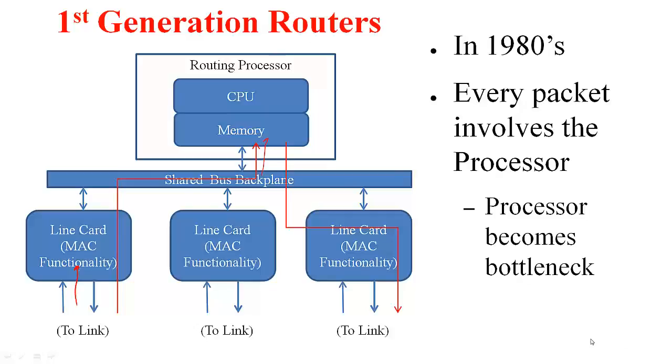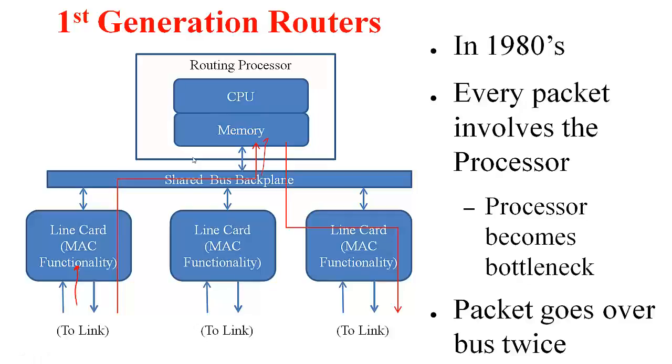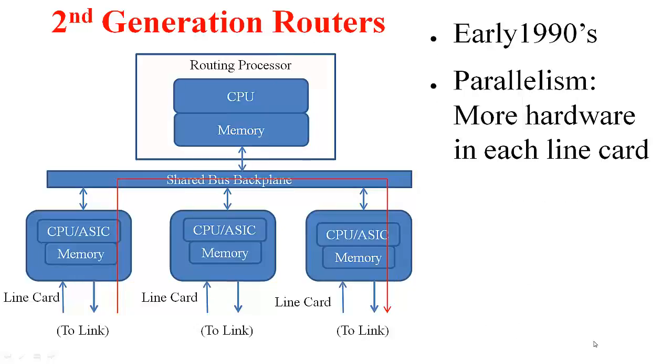In this particular case, how many times does the packet go through the bus? Right, twice: once from the line card to the memory and then back again from the memory to the outgoing port. The second generation routers try to address the shortcoming of the first generation routers, where the processor becomes a bottleneck, by involving more parallelism. The parallelism here is in the form of moving the CPU and memory functionality into each of the line cards.